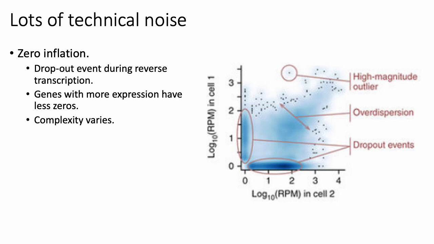And so a lot of poorly expressed genes essentially just get dropped out of the measurement. The end result is that many genes have zero expression in the table, whereas we think that they don't actually have zero expression. We think that they're being expressed at some level.